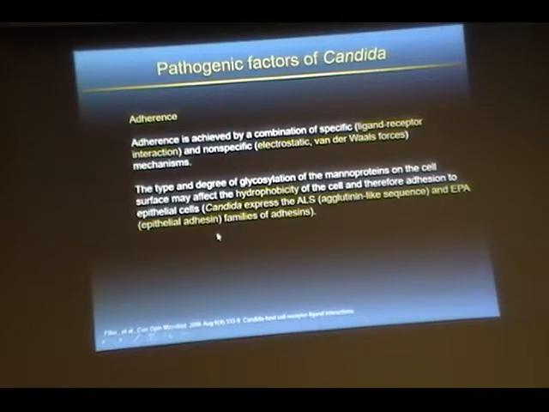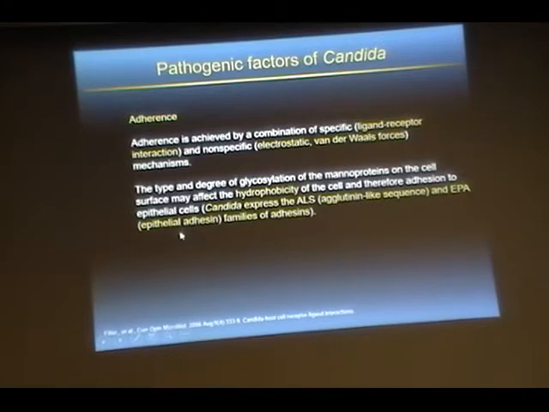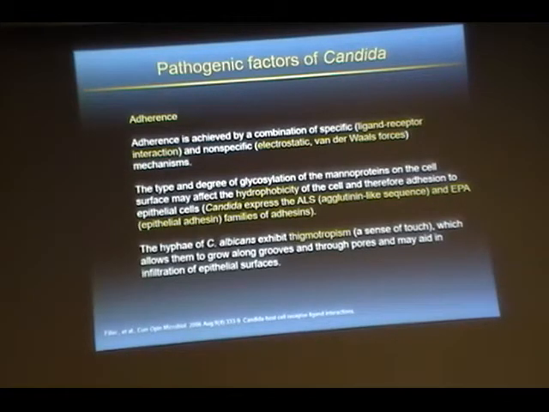And they also express certain other glycoproteins like ALS, which is an agglutinin-like sequence, and epithelial adhesin. So these are really adhesives binding to the epithelial cells.